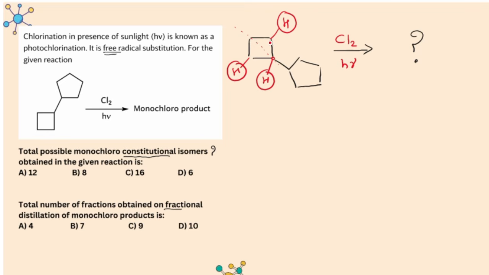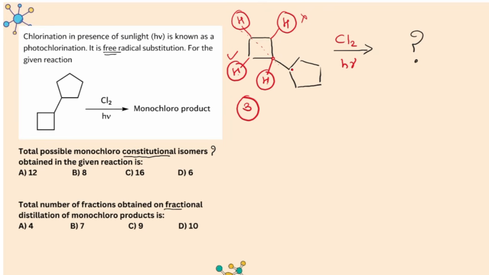Whether you remove this hydrogen or this hydrogen, you are going to get the same product. So we call that chemically equivalent. Therefore, by removing this hydrogen, we are going to get the second product. What about here? By removing this, we are going to get the third product. So 1, 2 and 3. So we are going to get 3 products from this cyclobutane part.